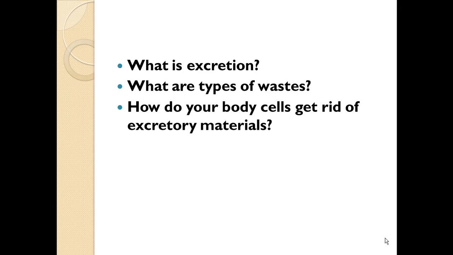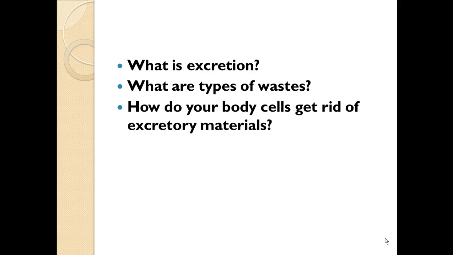We get rid of carbon dioxide through the lungs, or through the exhalation process, or through the respiratory system. We get rid of the nitrogenous waste through the urinary system or through the two kidneys. We get rid of excess salt and excess water through the skin and through your urinary system.